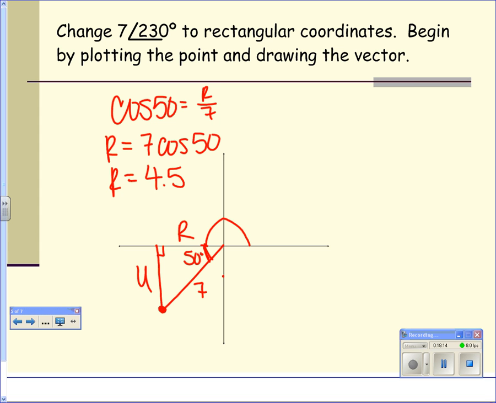Okay. How would you find U? Sine of 50 would be what?